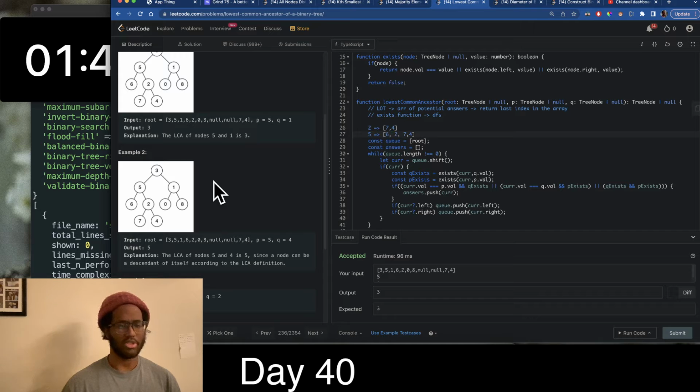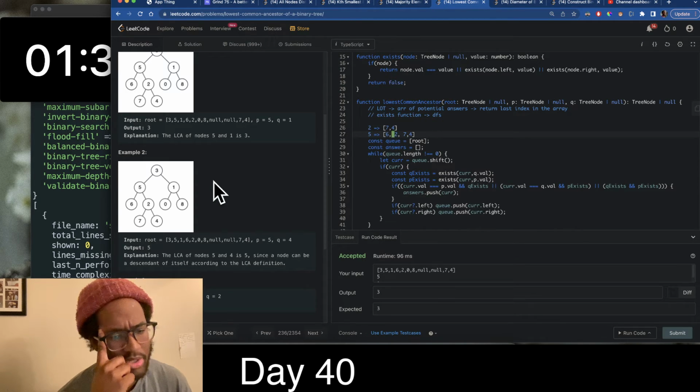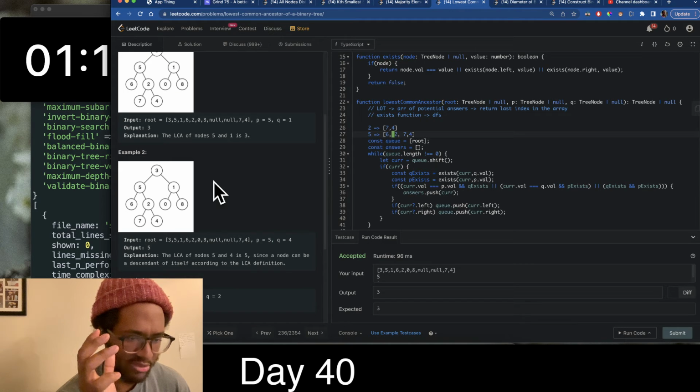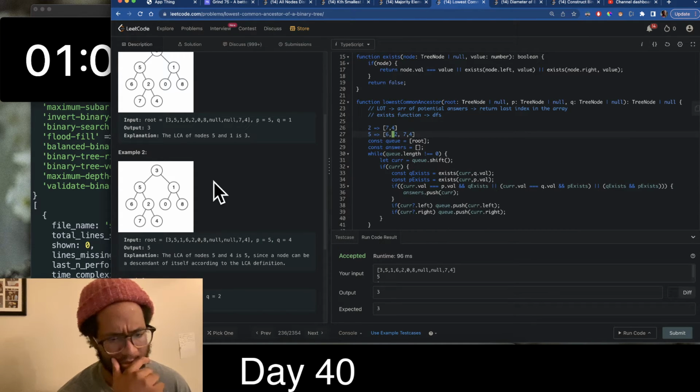So if we were to look through the entire tree once, and we knew all the children of every node, and what we could do is just go through 5, and so we did level order traversal on both the left subtree and the right subtree. Actually, maybe not. How could we speed it up?